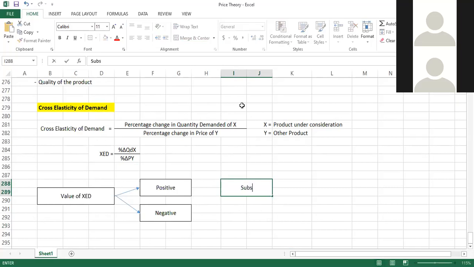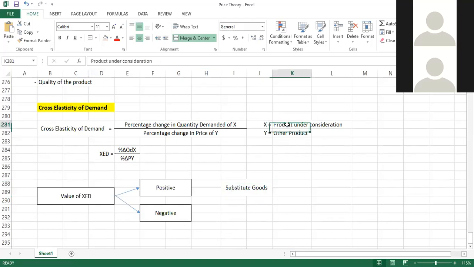We can use a simple example, then it will be very clear. Suppose the substitutes are butter and margarine. The product under consideration is butter, and the other product is margarine. When the margarine price increases, what will happen to the butter demand?